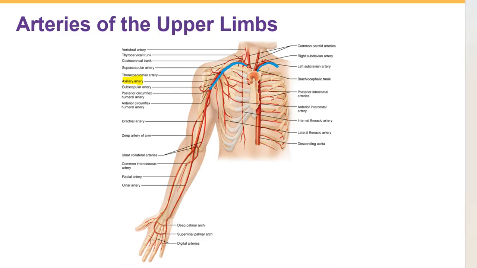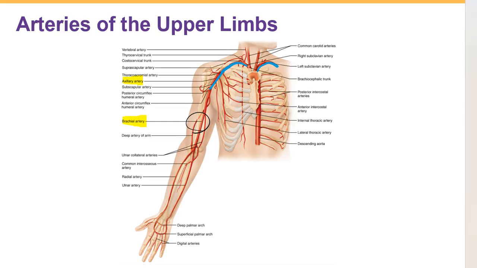And then the axillary artery goes into the arm region and is called the brachial artery. The brachial artery is important, especially in clinic, as we use the brachial artery pulse, and blood pressure measurement can also happen through this brachial artery. So that is an important artery in clinic.